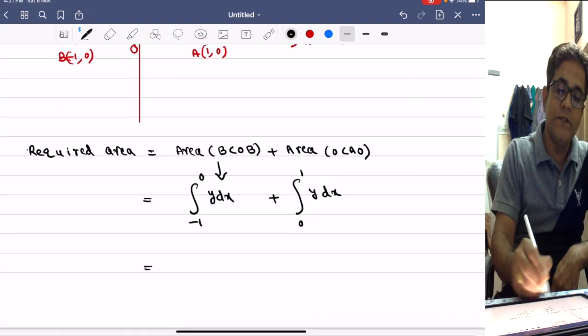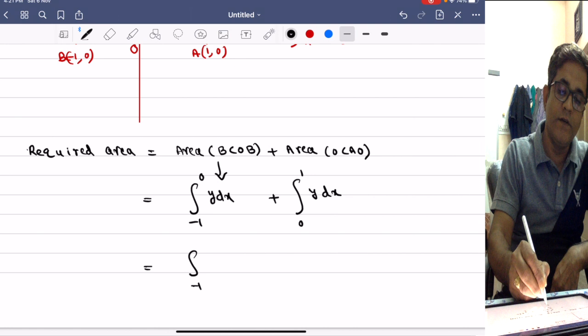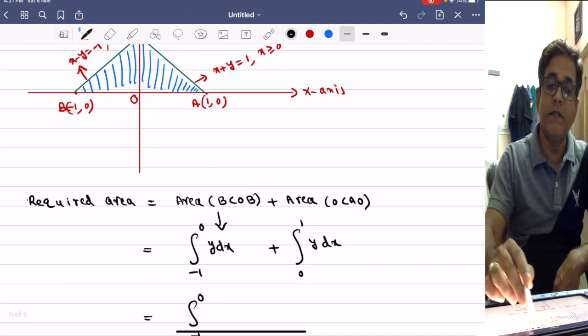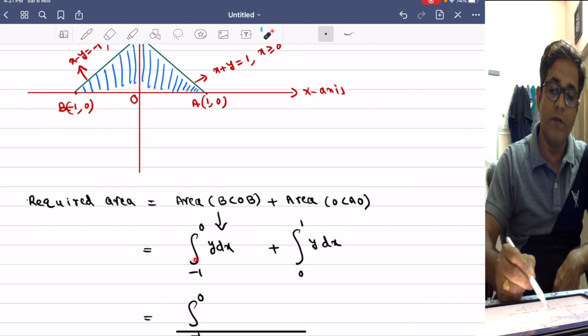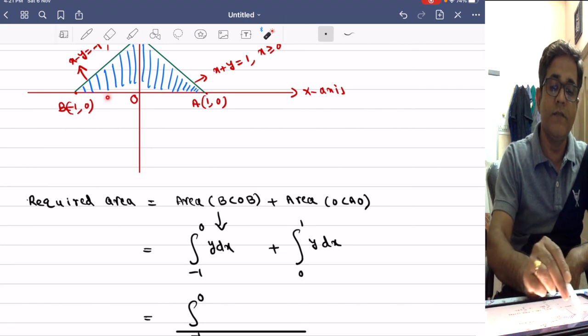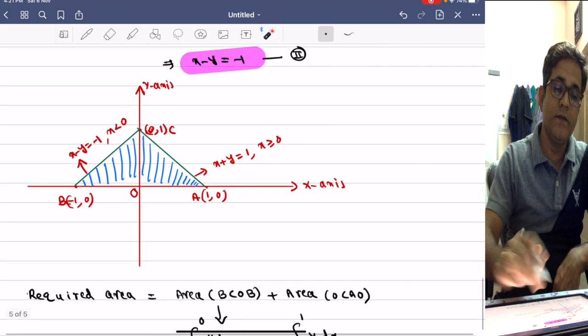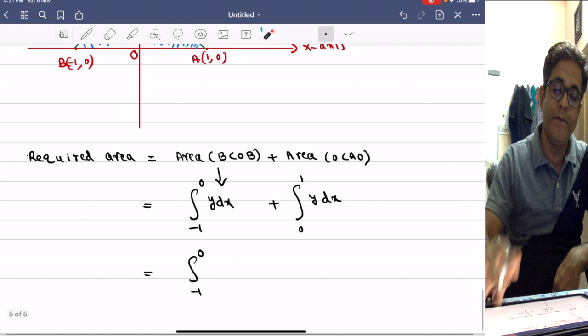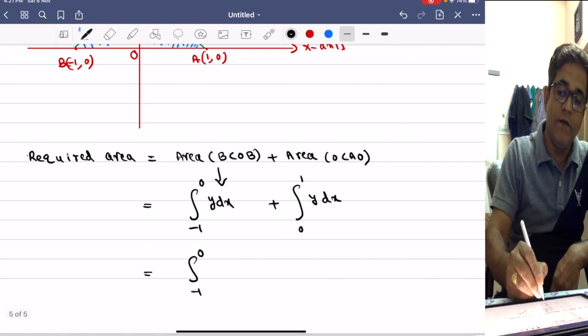So this is equal to the integration from −1 to 0. If the limits are −1 to 0, in between −1 to 0, y is from x − y = −1, that is y = x + 1, dx.